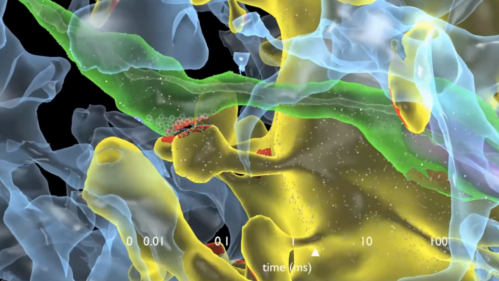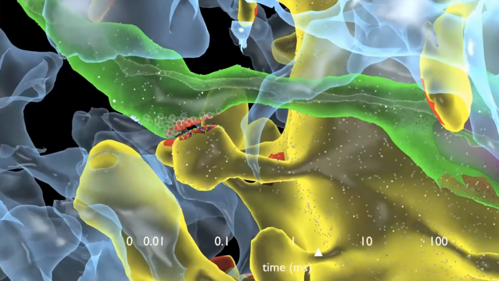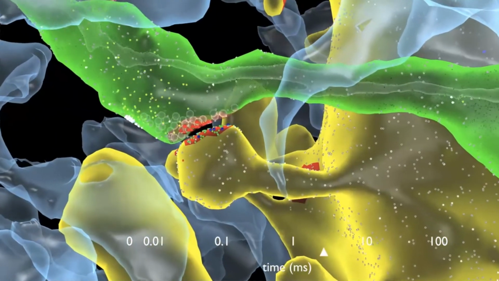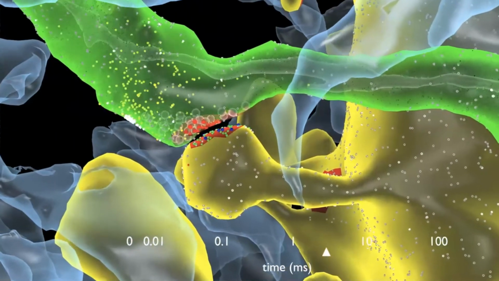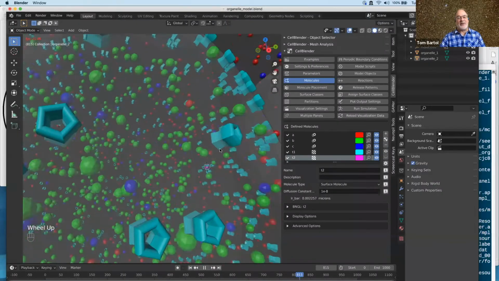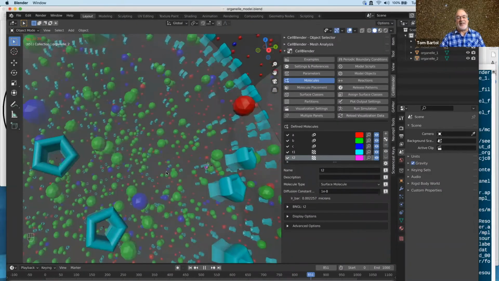And today, I'm very happy and excited to be teaching you about MCell and CellBlender, the tools developed in MMBioS that let us model not just biochemical reactions, but biochemical reactions with diffusion, so-called reaction diffusion.